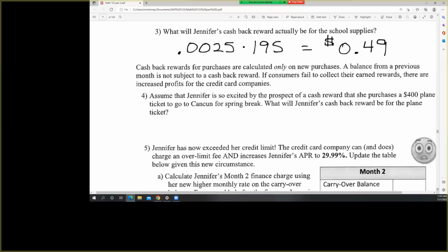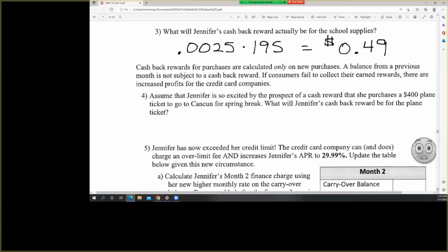So now number 4, Jennifer is so excited by the prospect of a cash reward because she's not done the math about how much this cash reward is. She says, man, I'm going to buy a $400 plane ticket because I'm going to get a cash reward on it.